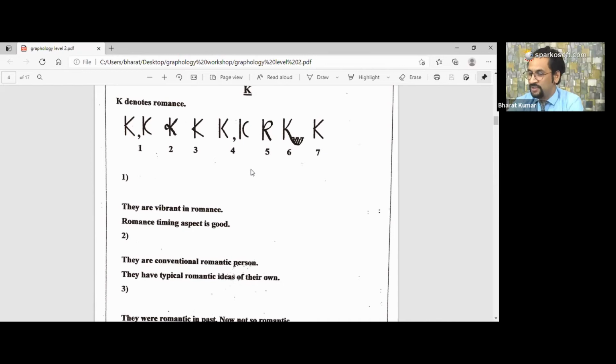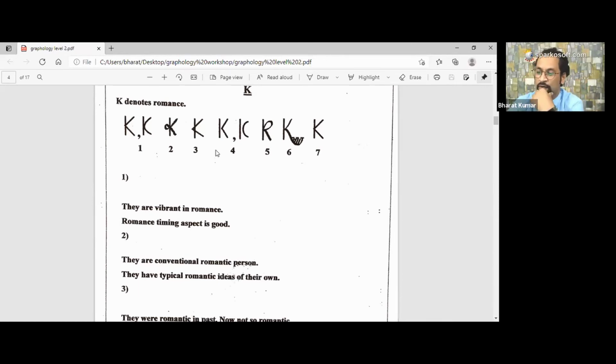What I'm saying is, if you have a perfect point at the center of K, it may be curved or pointed, so they are good at romance. If they have a loop in the backside, conventional, they are moody, they have their own system of romance. They don't accept the romance of their partner. But if this point is moving in the backside, in that case, they had good romance in the past, but now they are not romantic, or they don't want any romance. They don't have any interest in romance.